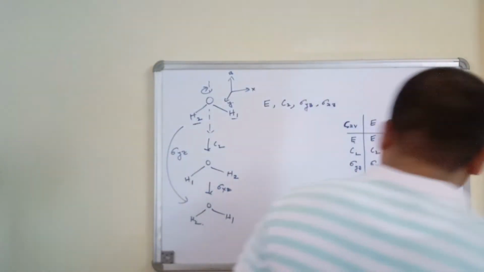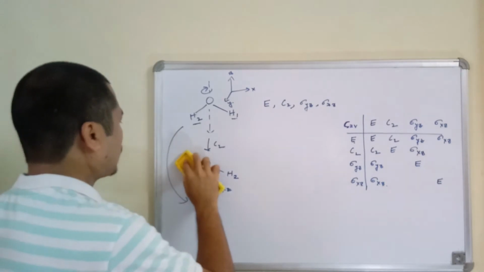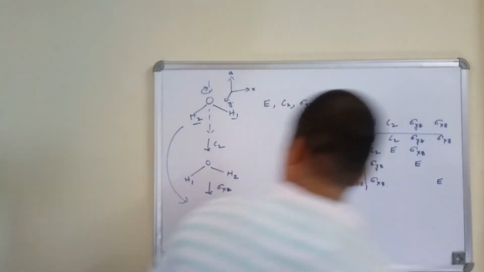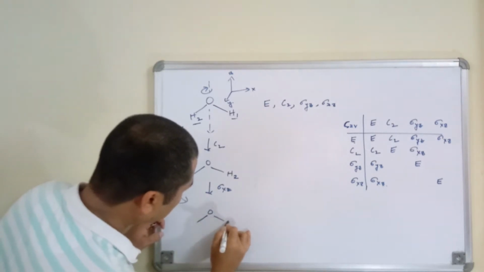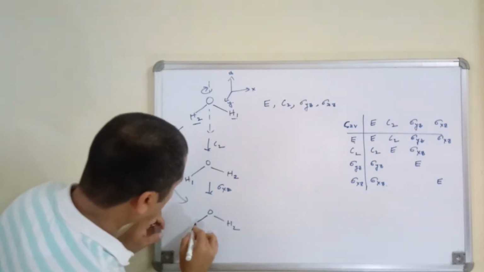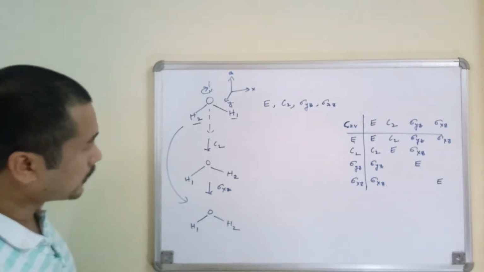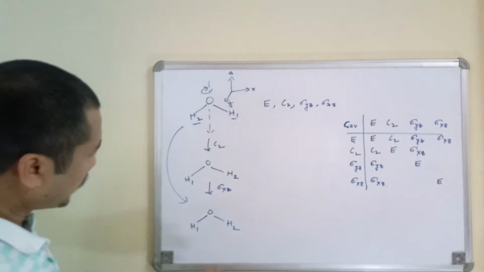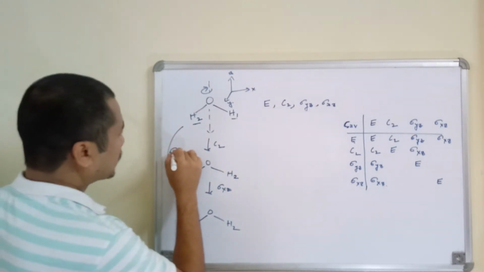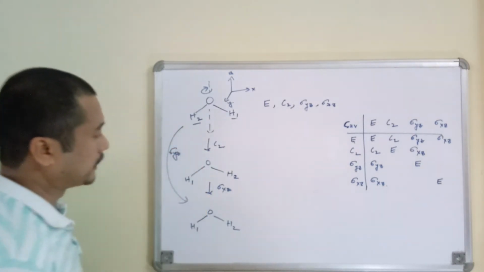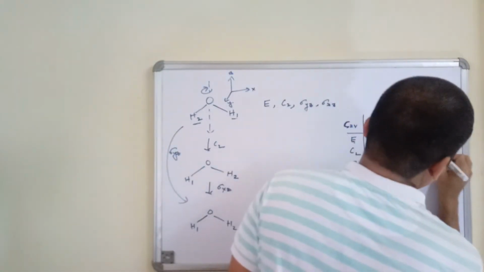So if we do so, these atoms are not going to move their positions if we do sigma xz, and they are going to remain as such. It will be this configuration. This configuration we can get straight away by doing sigma yz. So that is why we can write sigma yz.